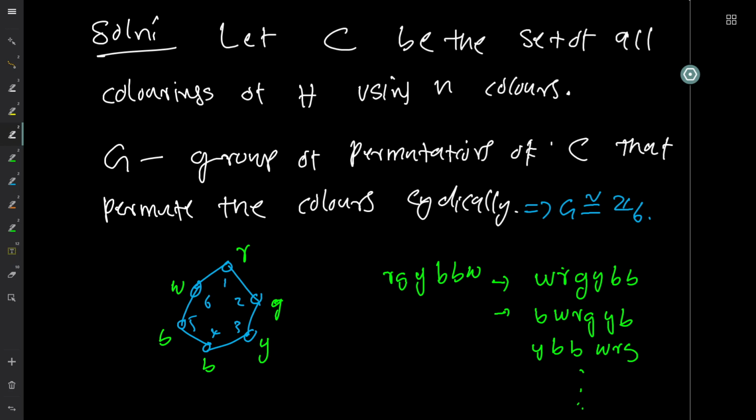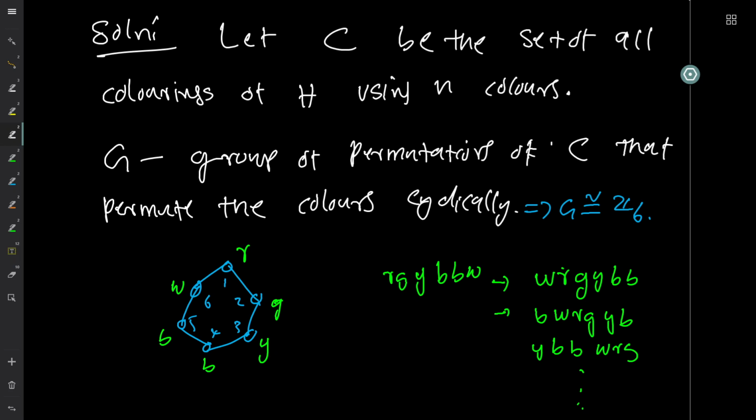So now let us look at a coloring of the vertices. Let's say R, G, Y, B, B, Y, B, B, W. So red, green, yellow, blue, and white. Now once I rotate this, what happens? I can get, for example, red going to green, green going to yellow, yellow going to blue, blue going to blue, blue going to white, and white going to red.